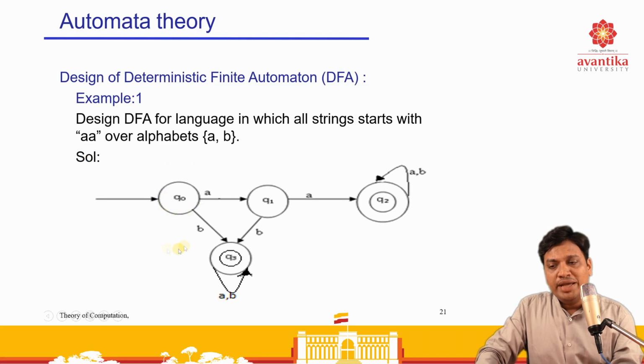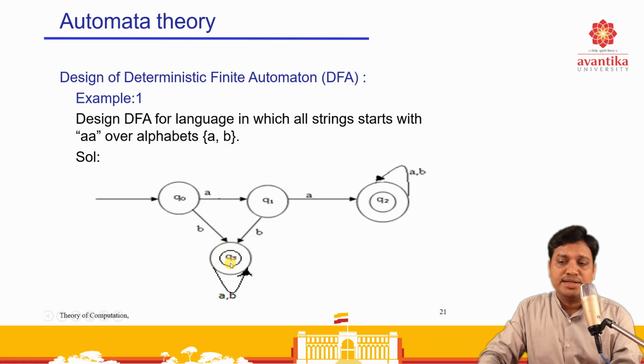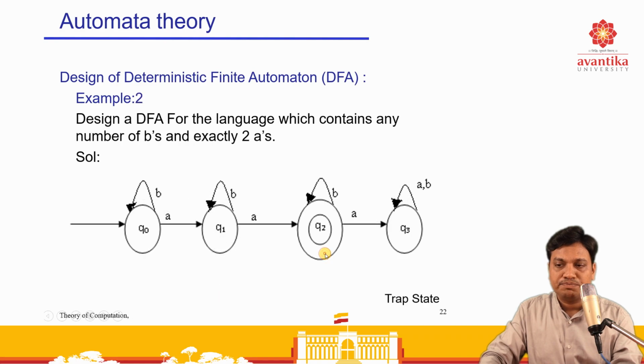To make the DFA, form the string AA: first A, then second A. So the states are completed. Now for the additional transition on B, just put it on the state called the trap state, and in the trap state add transitions on A and B. So see the complete structure of the DFA.